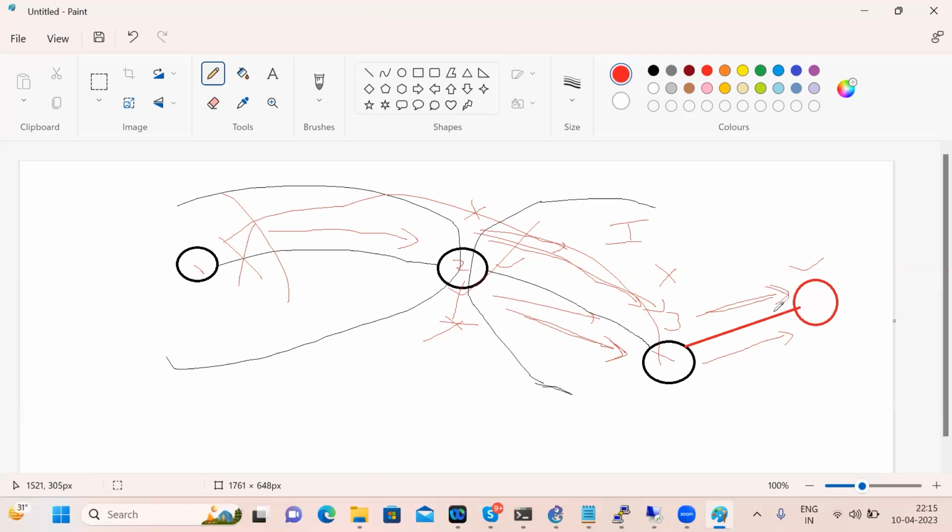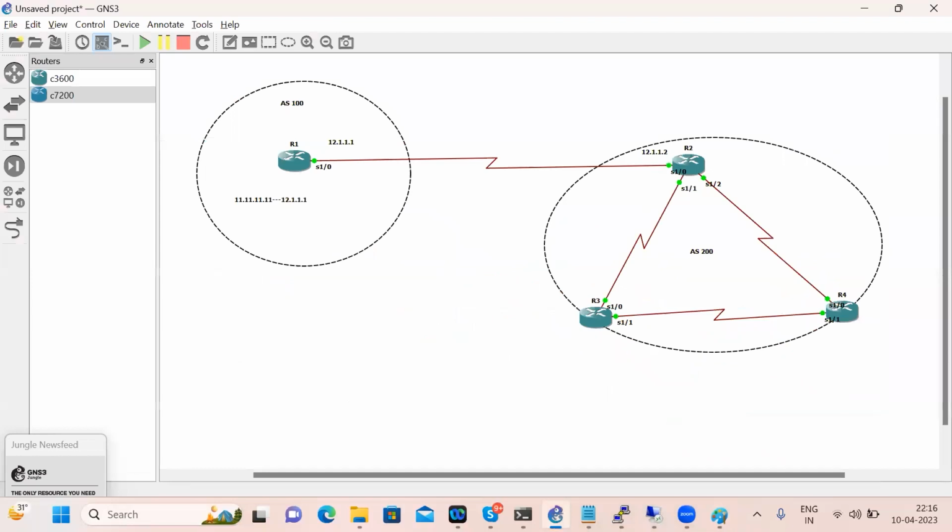So can I say that the IBGP, the directly connected networks, can I refer to that? Directly connected? Please come again. I mean, can I refer to the IBGP, the interior network, as my directly connected networks?